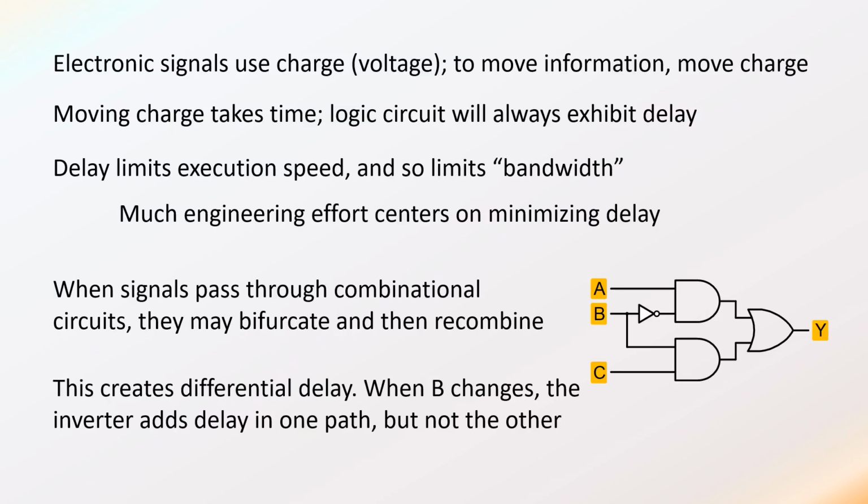Okay, so quick review. Electronic signals use charge, and to move information, we've got to move the charge around a circuit. And there's matter there. It takes time to move charge, so logic circuits are always going to exhibit some amount of delay. Now, delay limits the execution speed of a circuit, and so that limits the bandwidth of a circuit. We haven't talked much about that yet in this class.